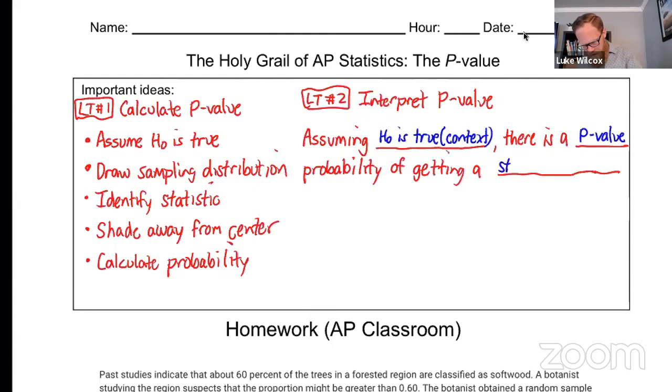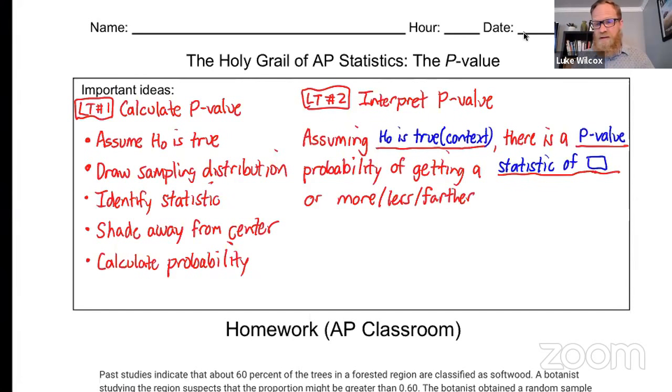So of getting a statistic of, and then you're going to have to write out whatever your statistic is, maybe a x bar, maybe a p1 hat minus p2 hat. And then we're going to say or more, or less, or farther, depending on whether our alternative hypothesis is greater than or less than or not equal to from expected purely by chance. So there we have sort of like a template that you can use in order to interpret the p-value.